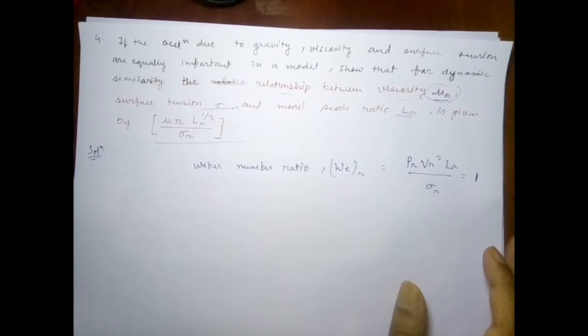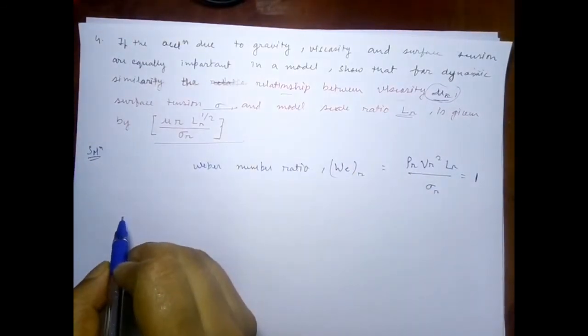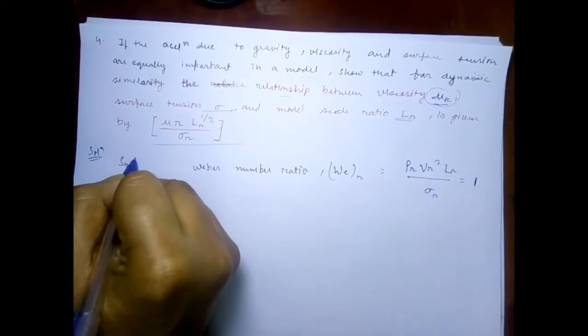It is just the square of the equation which we had studied previously in the theory. And this is actually for the surface tension.